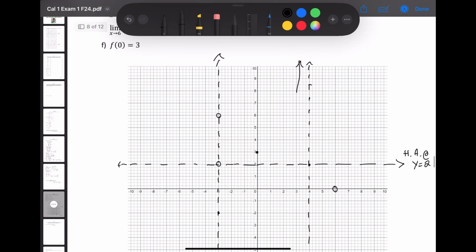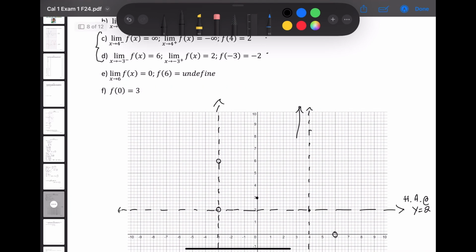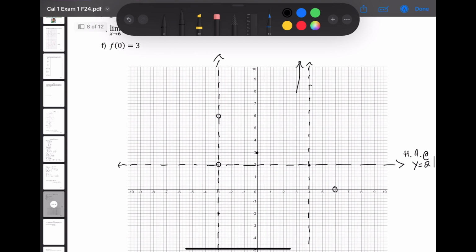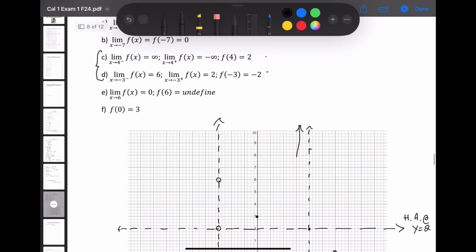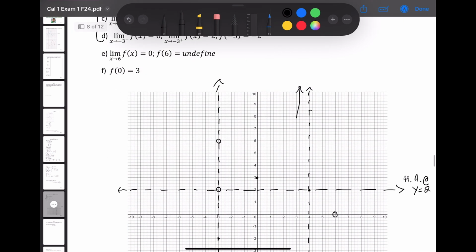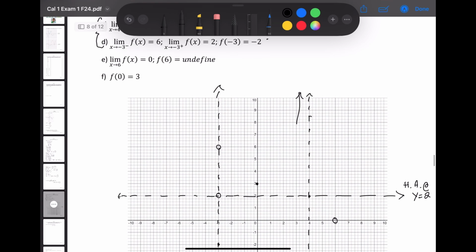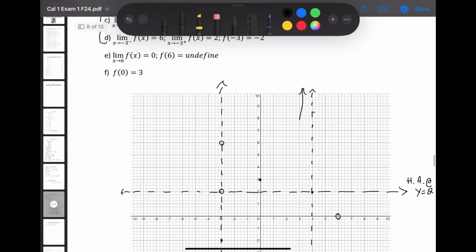And now D is x approaching negative 3 from the left. Negative 3 from the left. And we do have that horizontal asymptote, which you can cross. Let me check. So we're at negative 3. F of x equals 6. Okay, yeah, we did those.